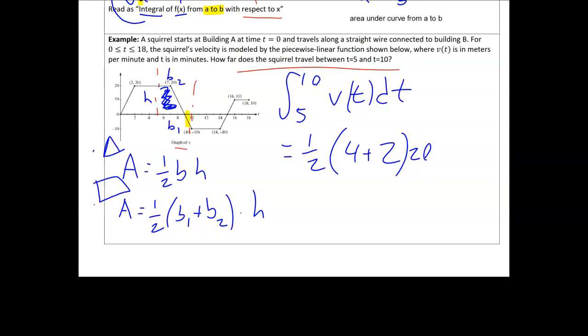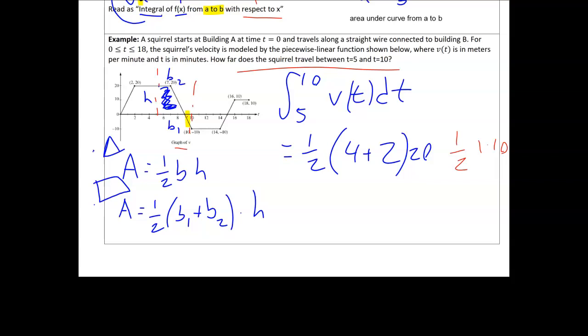And then the area of my triangle, well, it's going to be 1/2 times the base, which is just from 9 to 10, it looks like, right? So the base is 1, and then the height is, let's see, -10? Let's call it just 10, because we can't really have a negative height, right? So here's my integral, but here's the trick, right?